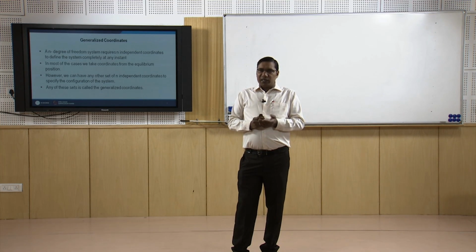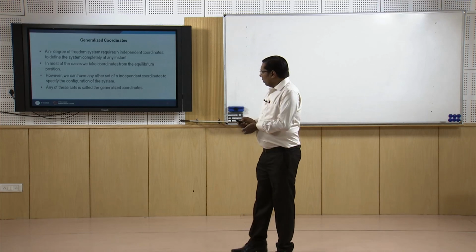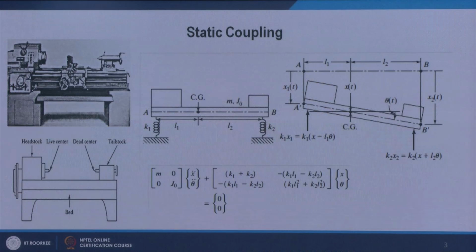We can select any other set of degrees of freedom. For example, there is a lathe machine and there is a model of this machine. This machine has a headstock, tailstock, a bed and this column.